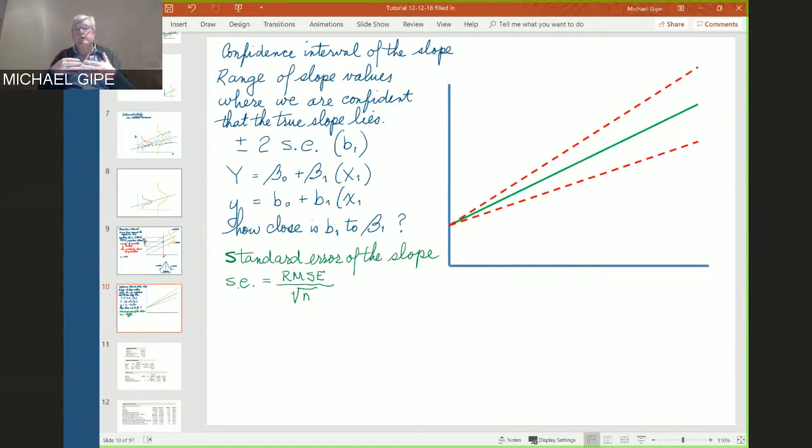In other words, we're going to have a larger error if we have only a small range of x values to deal with. And so we have an additional factor, and that's 1 over Sx, where of course you recognize that as the standard deviation of the x values in our sample.